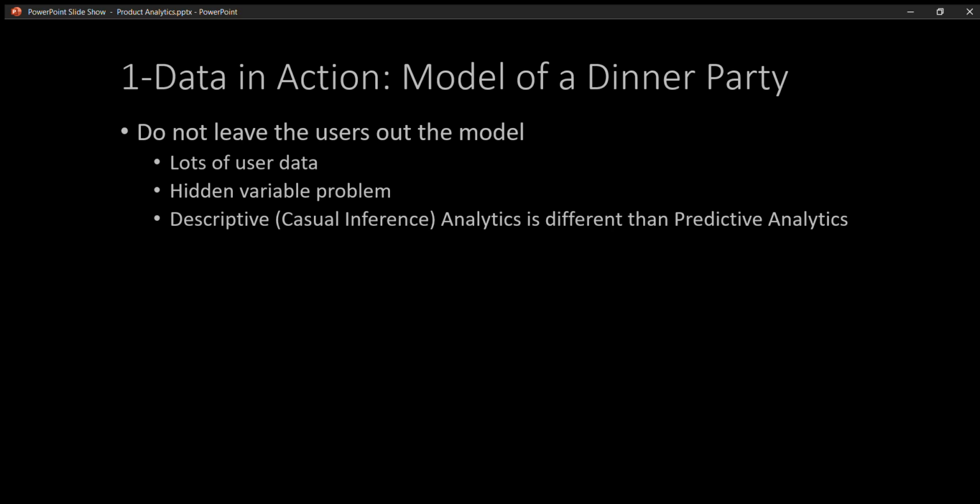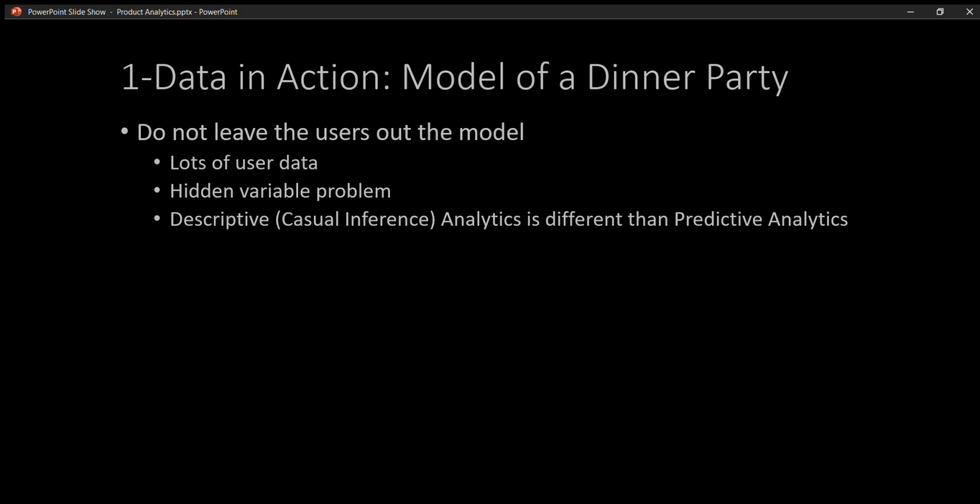Also, what this chapter talks about is that descriptive analytics is different from predictive analytics. What it means is that we have a lot of data, right? And when you have a lot of data, that's big data.